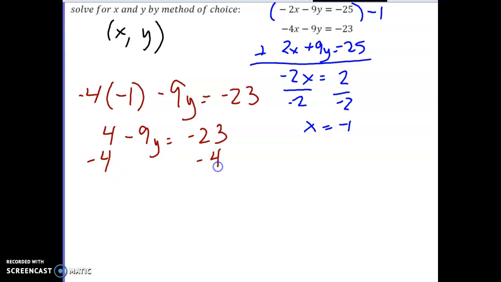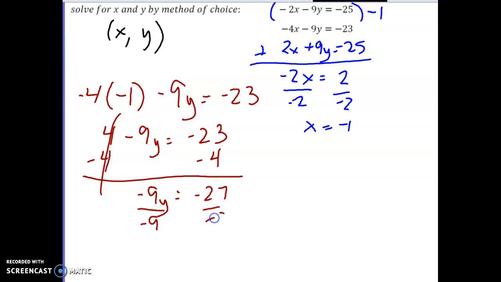Subtracting 4 from both sides. Divide both sides by negative 9. And y equals 3. So my answer, the point of intersection of these two curves, is the point negative 1, 3.